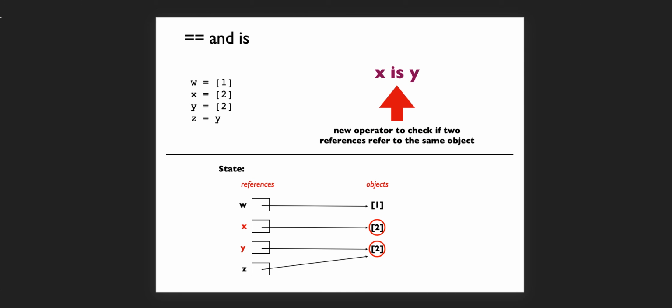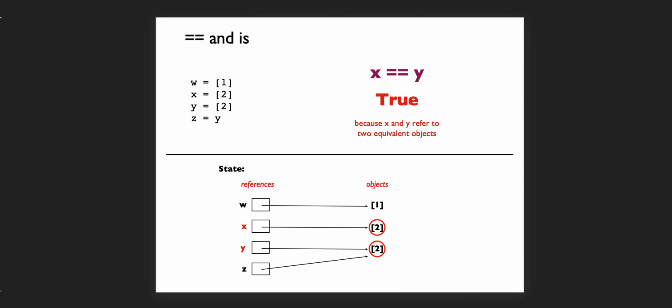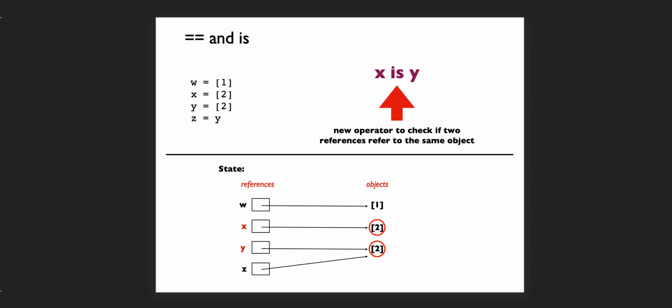Let's take a look at how to compare the references themselves. Double equal to enables you to compare objects, whereas the is operator enables you to compare the references. By saying x is y, you're just asking if those two references point to the exact same object in the heap. This is going to be false because they point to different list objects.